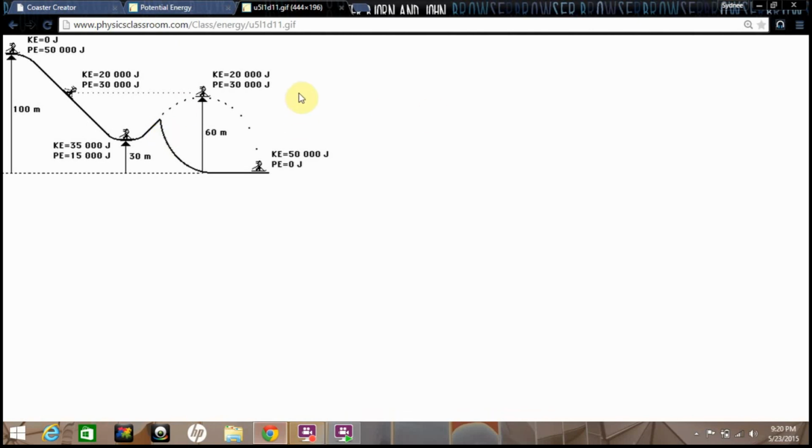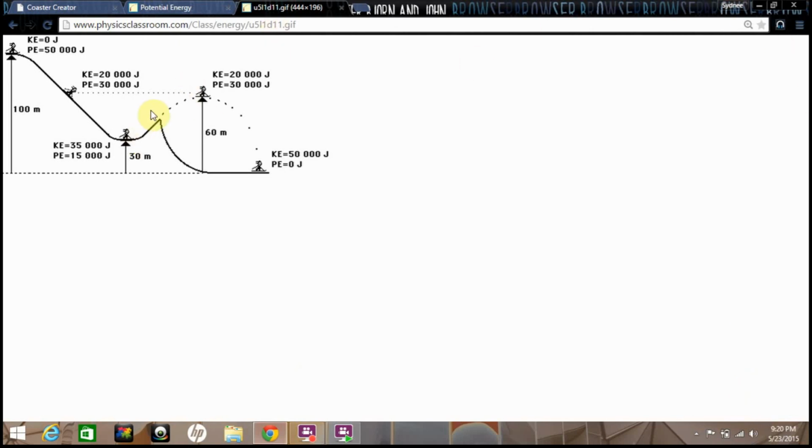But it's a perfect example. My height is 100 meters, so that's how it's 50,000. As it goes down, kinetic energy is 20,000 and potential energy is 30,000, always equaling a perfect 50,000. And right here, at 30 meters, it's 35,000 and 15,000. As we got closer to the ground, potential energy decreased and kinetic energy increased.